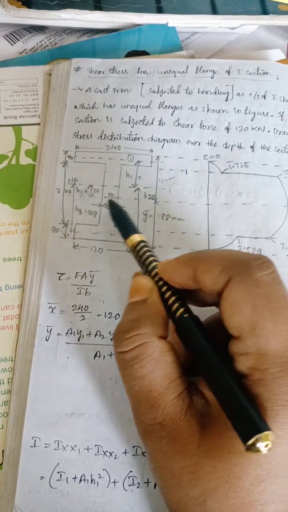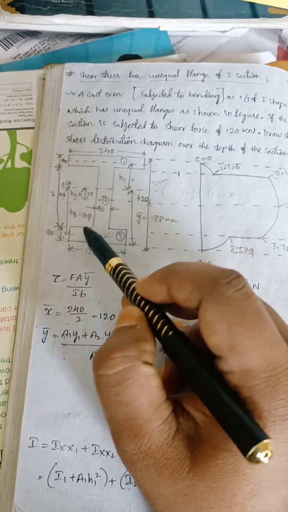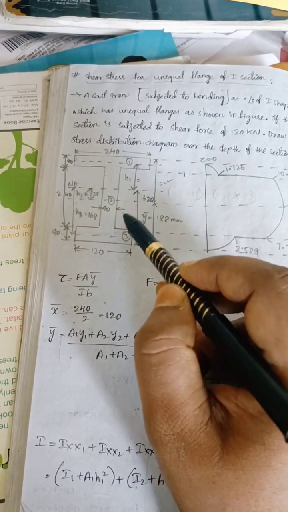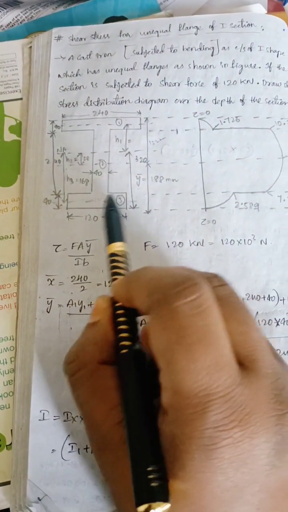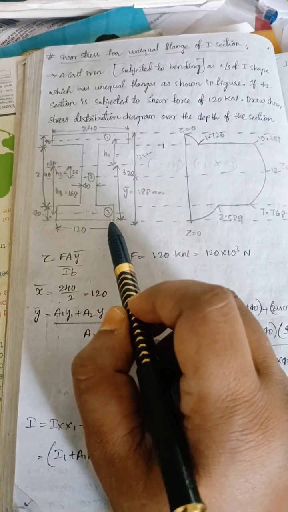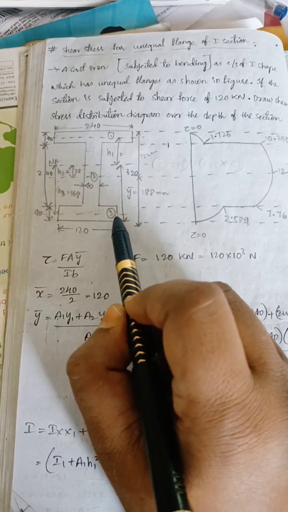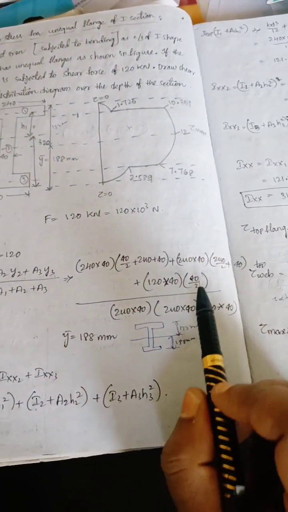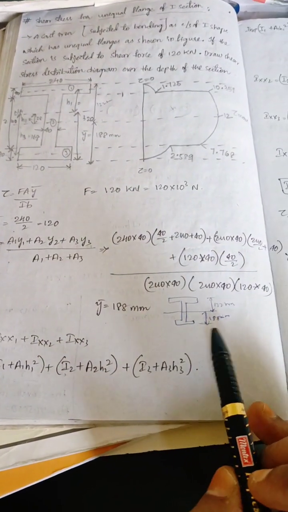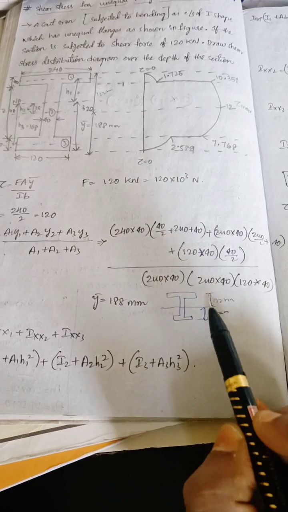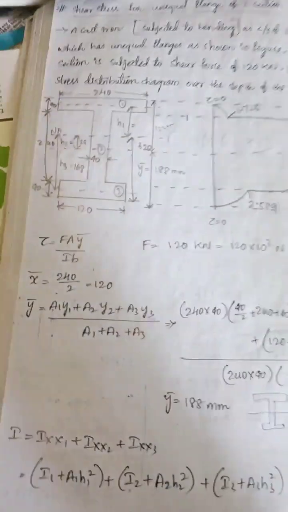So from base, the distance of the neutral axis of this portion, plus 120 into 40, the third portion area, into y3, which means from base to the neutral axis of the third portion, this distance 40 by 2. So y bar we will get as 188 mm from bottom. From top it is 132 mm.